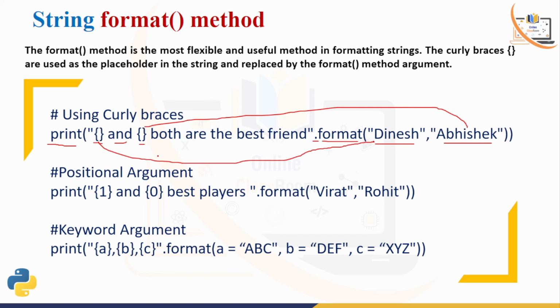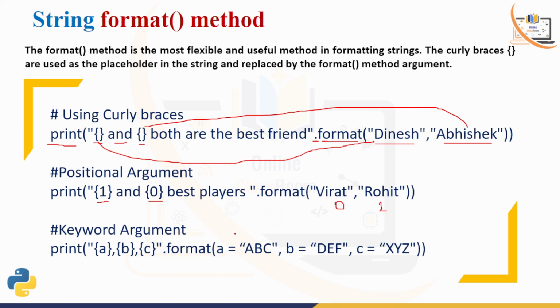So Dinesh and Abhishek are both best friends. Now there is another way to write the format method, using the position of the argument. Suppose I want to reverse it, so if we write 1 here and 0 here, Virat is 0 and Rohit is 1, right?